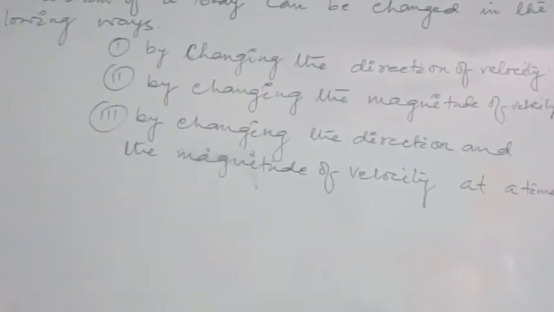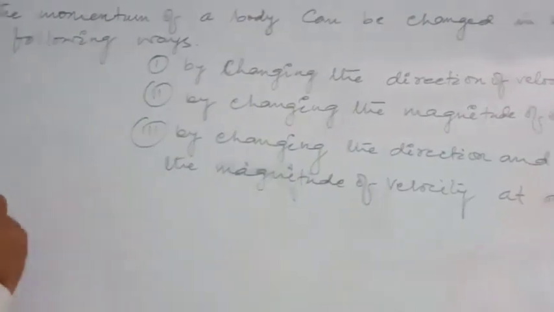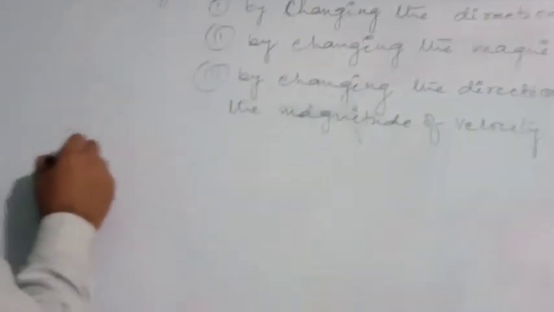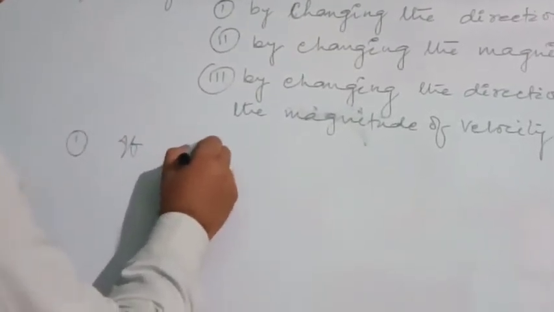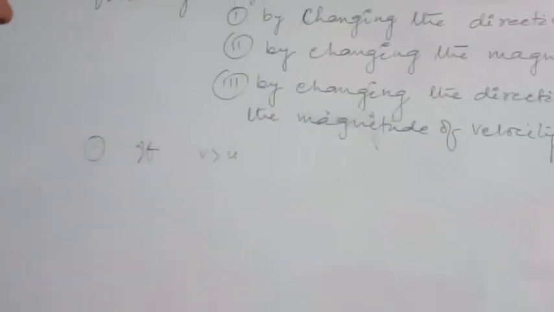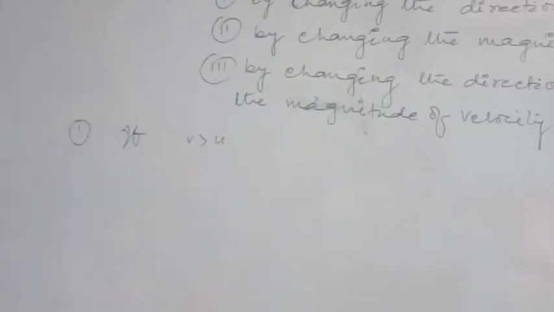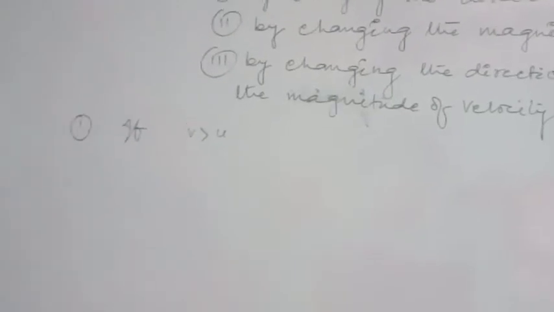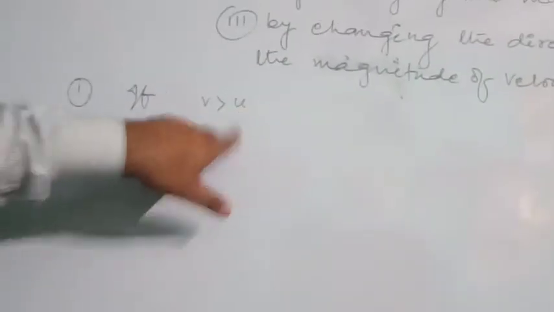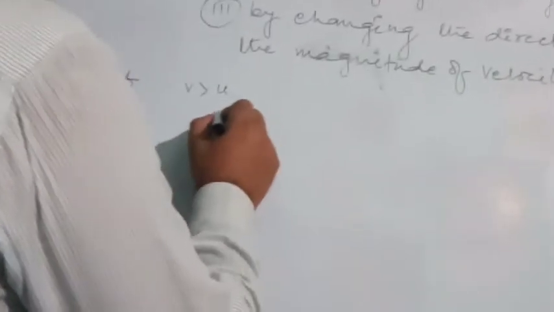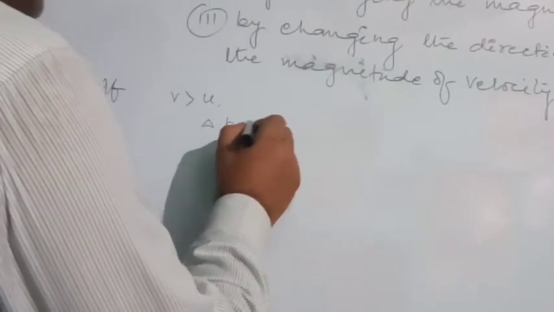Now some important points. If V is greater than U, I mean to say that final velocity is greater than initial velocity, if a body is moving in a straight line and its final velocity is greater than its initial velocity, then the change in momentum is positive.